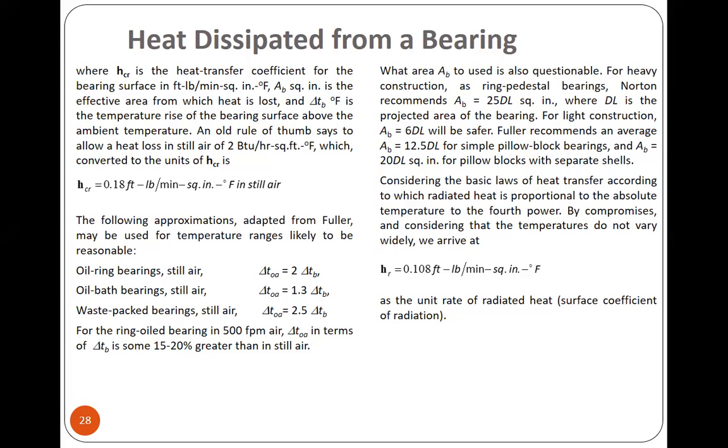So ito yung proportion. Oil ring bearings, still air, delta T sub OA is equal to 2 times delta T sub B. Oil bath bearing, still air, delta T sub OA is equal to 1.3 delta T sub B. Waste pack bearing, still air, delta T sub OA is equal to 2.5 times delta T sub B. Now, for ring oil bearing in 500 feet per minute air, delta T sub OA in terms of delta T sub B is some 15 to 20% greater than in still air.